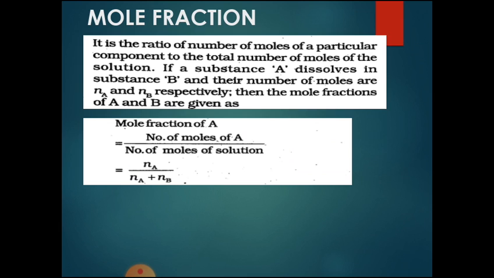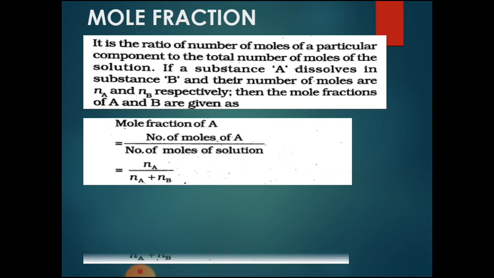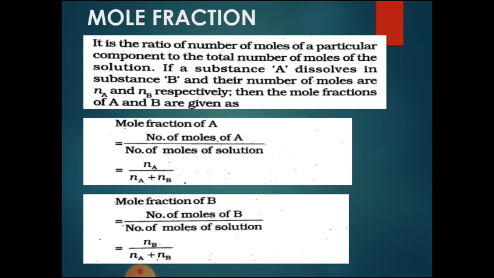This is the mole fraction of A. In the same way, for the mole fraction of B, we write the number of moles of B divided by the number of moles of the solution. So the mole fraction of B is equal to Nb divided by Na plus Nb. This is how we can find the mole fraction.